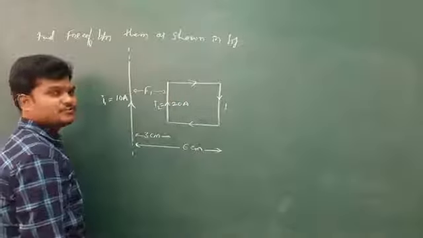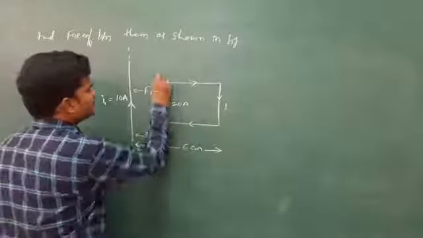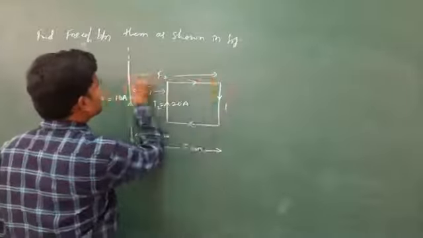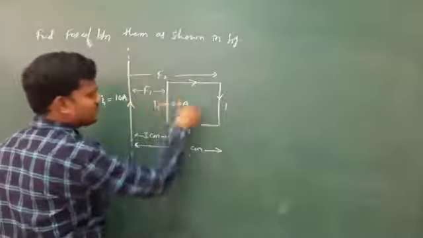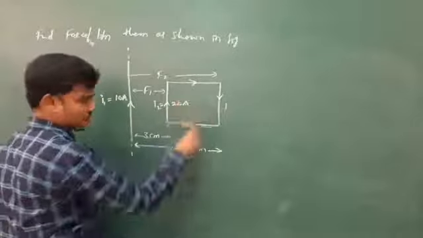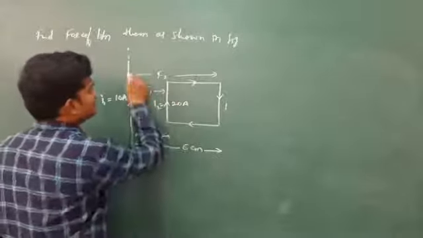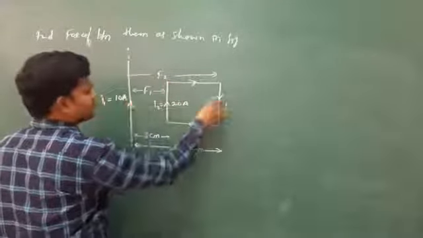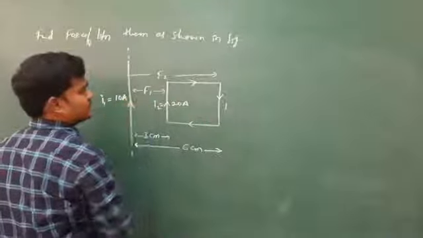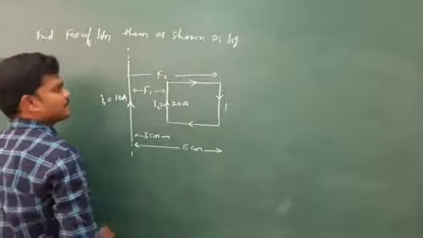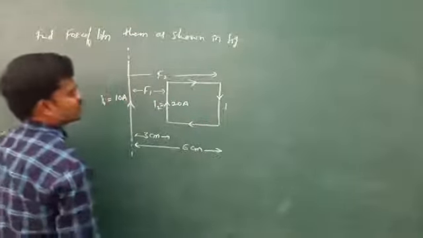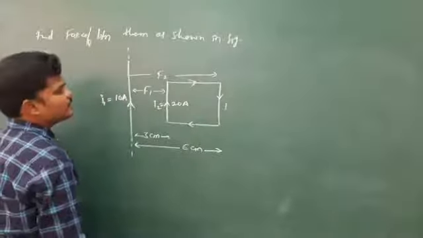No doubt this is an attractive force because of the same direction. The force between this one and this one, these two will cancel each other. That also I will show you in the next classes. The force between this layer and this one, this current and this current are opposite to each other, so repulsive. Okay, so F2.